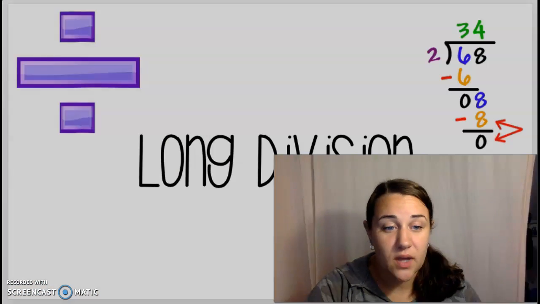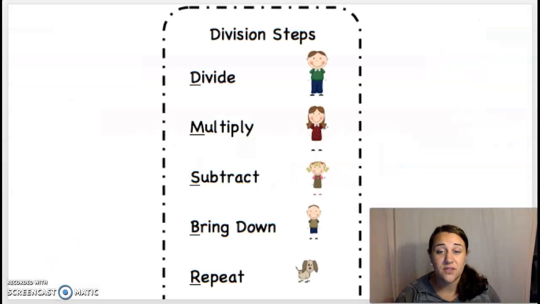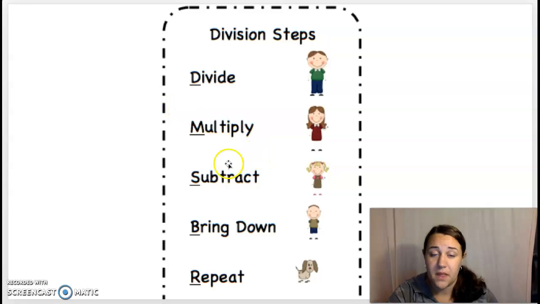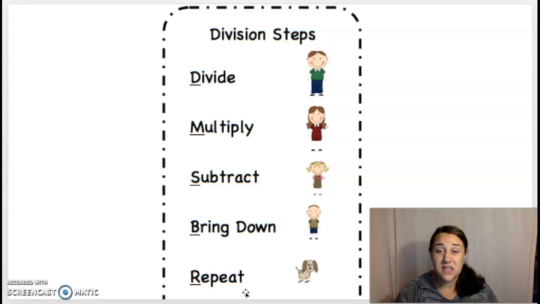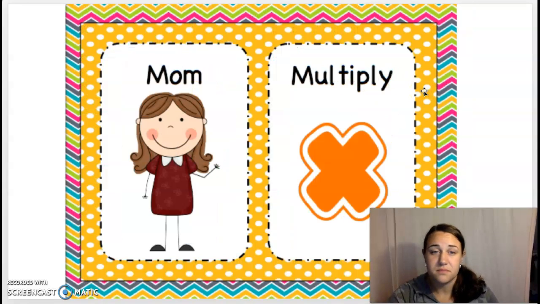So remember, we have our steps, right? We have our long division family that helps us. Because the steps to division are divide, multiply, subtract, bring down, and repeat. And sometimes that's a lot to remember, right? So we have our division family to help us. Dad tells us to divide. Mom tells us to multiply.